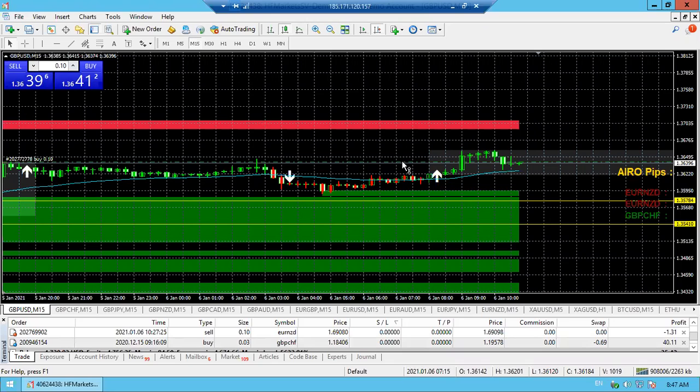Then I'll move this 40 pips below, and then 20 pips above. This is a very volatile pair. So yeah, the next highest high is our take profit.